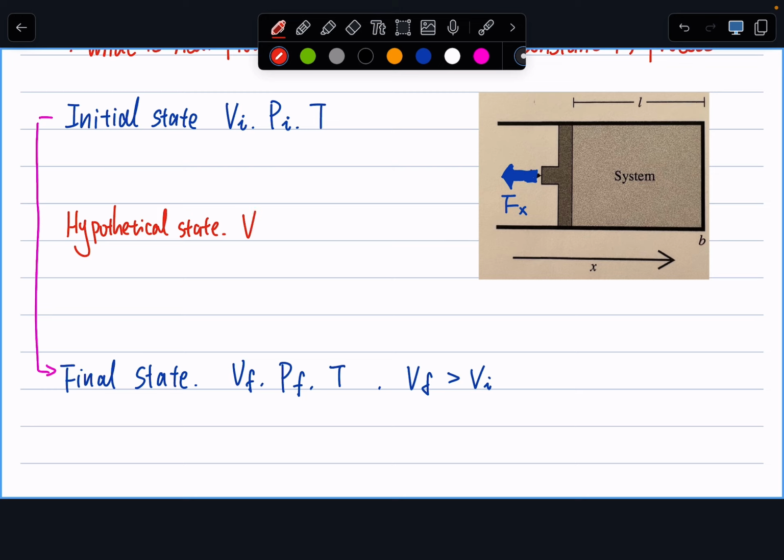So what that means is your V initial goes to V final. My temperature and my pressure change with it to some kind of hypothetical state. And it's an adiabatic expansion.